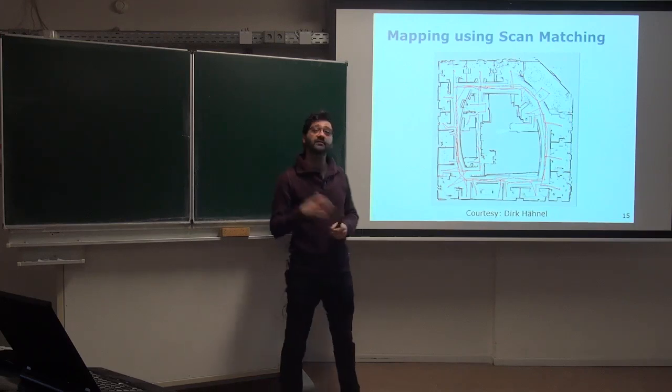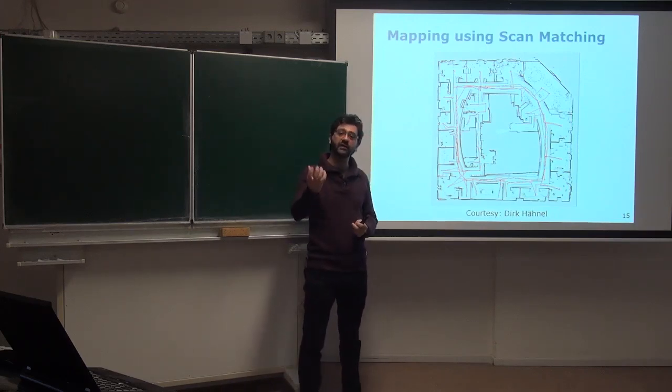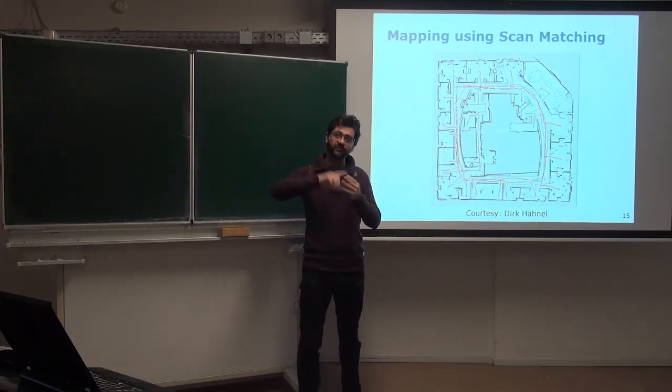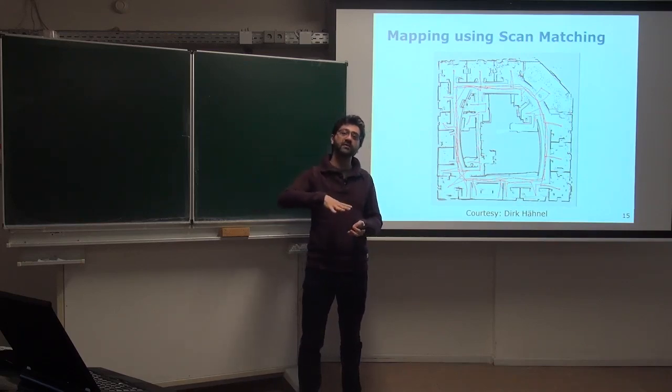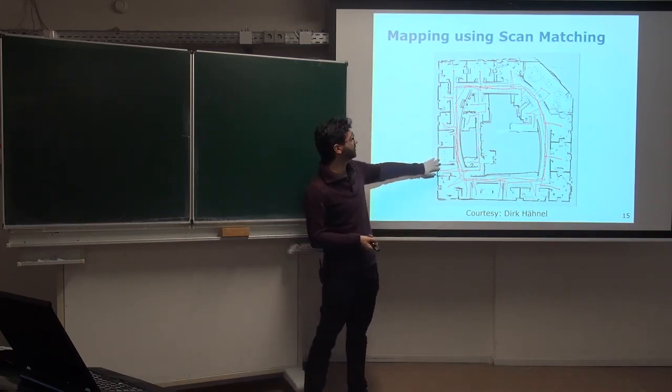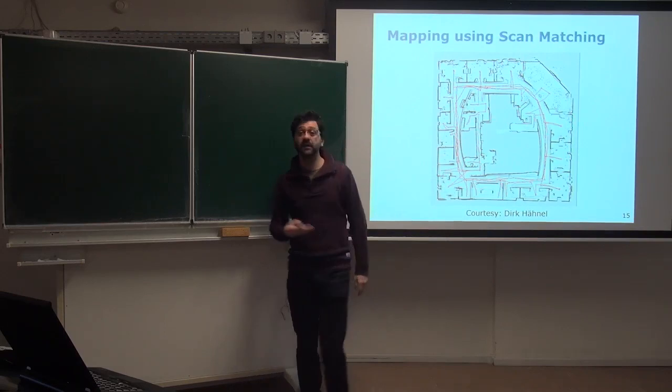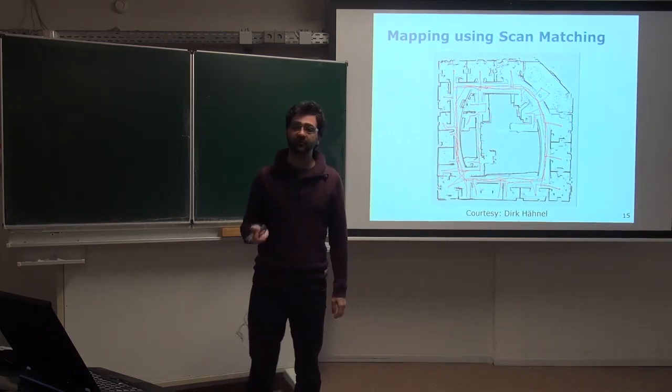We just use this as improved odometry, take this trajectory as our known poses, and compute an occupancy grid on this. That's what we obtain. It already looks way better than just using the odometry.